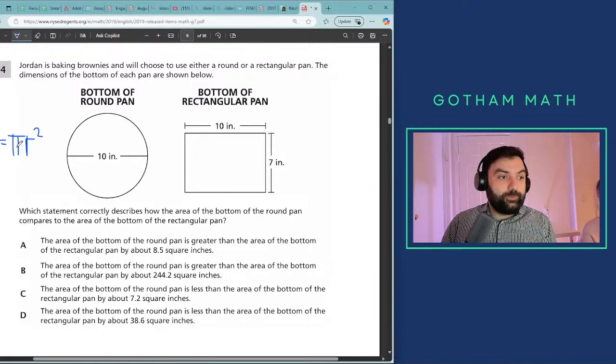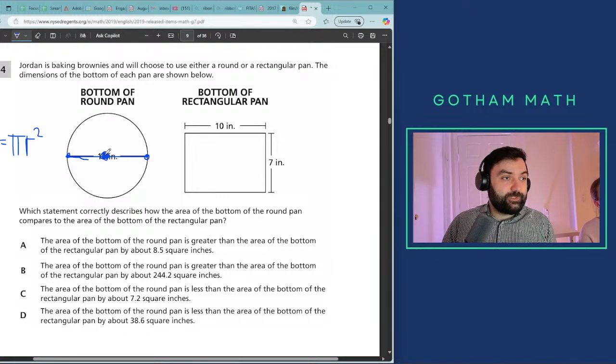We know pi and we need the radius. We have something that says 10 inches in the middle. Is that the radius? No, it's not the radius. They're showing us the diameter, because it's a line that goes from one side of the circle all the way across to the other side. But the radius is half that.